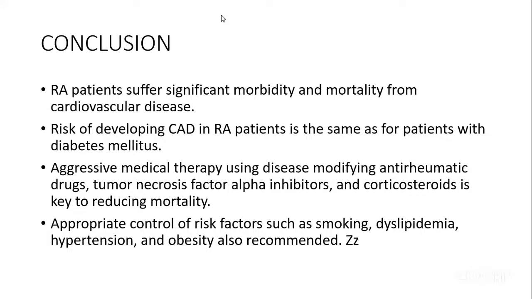We should also take time to look at their heart, let them do an ECG to rule out arrhythmia, to see whether they have things on the ECG that may suggest ischemic disease. If they need to do echo to rule out pericarditis, to rule out heart failure, because like we said, most of the time these events are asymptomatic. You only see them when they have gone to the advanced stage.